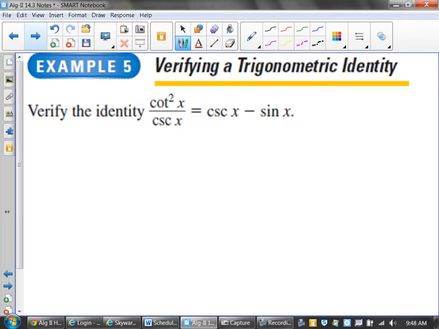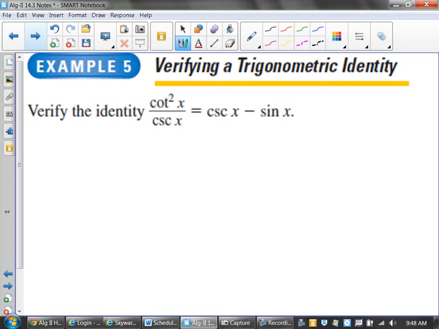If I take a look at what I have right now, the numerator says cotangent squared. Everybody agree with that? Now, cotangent squared is cosecant squared minus 1. Everybody agree on that? What you're doing here is you can move the 1 over to get cotangent squared equal to cosecant squared minus 1.